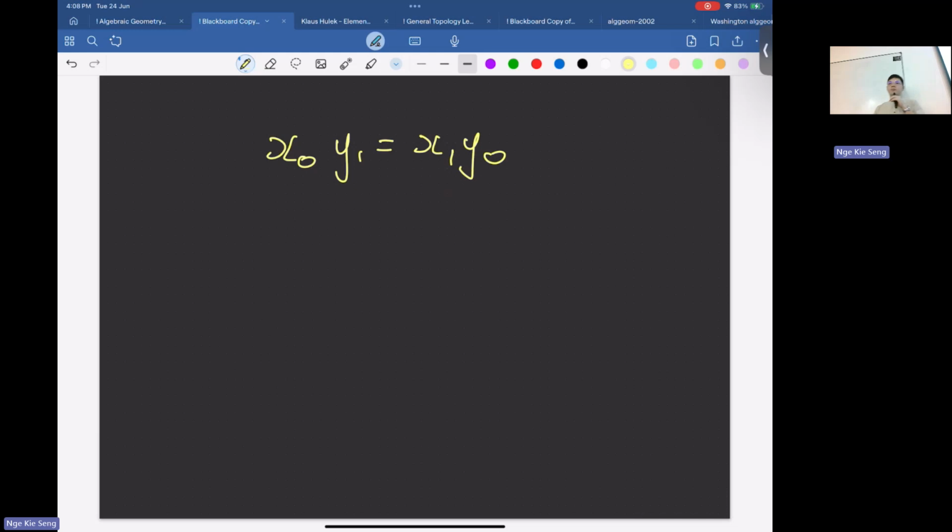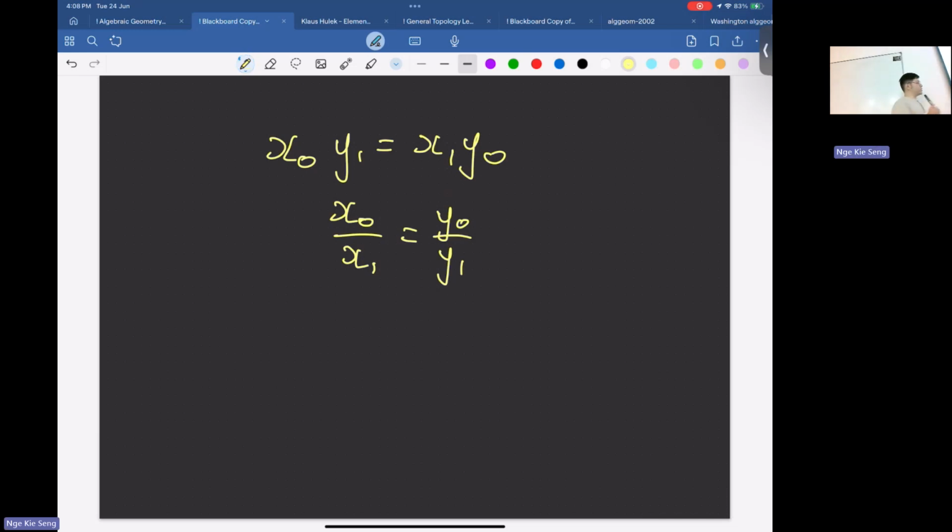Why are they on the same line? Because if you play this equation around, you literally get that the ratio of two coordinates is the same. If their ratio is the same, meaning they are on the same line, because the gradient is the same.